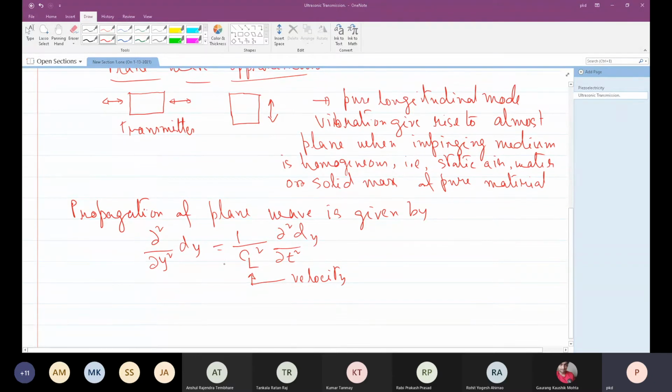So here, of course, as you can see that we have not considered loss in this equation. Loss is not considered. So in case loss is considered, the other term will come and this will be complicated. So damping we have not considered, though earlier we have considered damping, but when wave propagation is considered through the medium, this particular equation is not considering the attenuation.